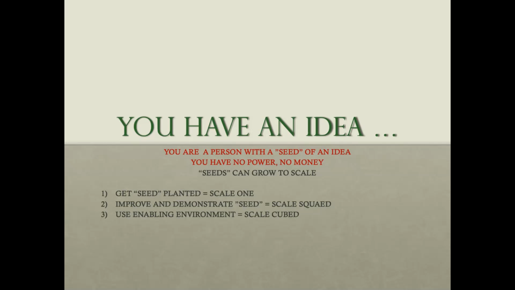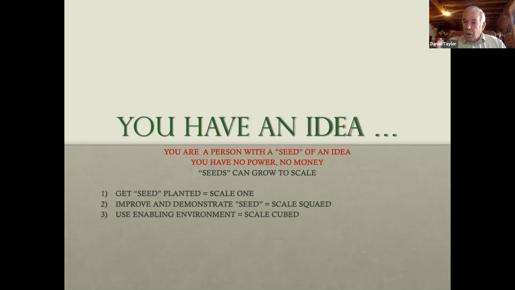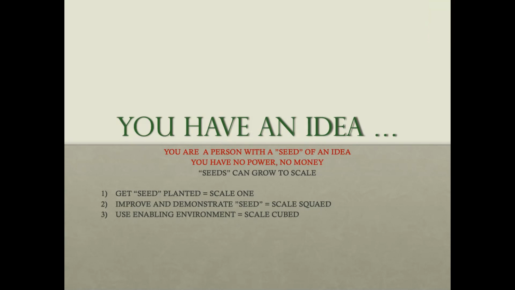So then we go to the next stage, scale squared, where you're going to improve that seed. And how do you improve that seed, somebody? Please tell me, scale squared. Come on, folks. Please, you unmute. Scale squared still means self-help, it means self-evaluation and experimentation.